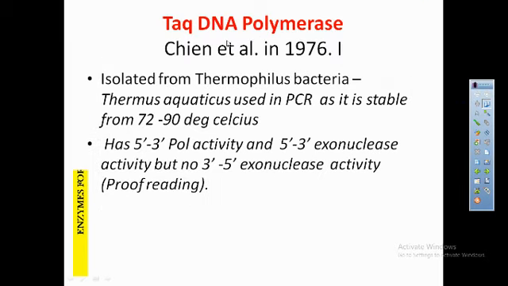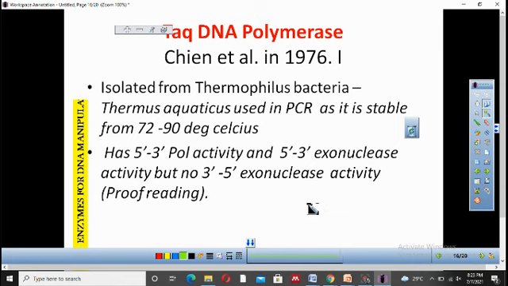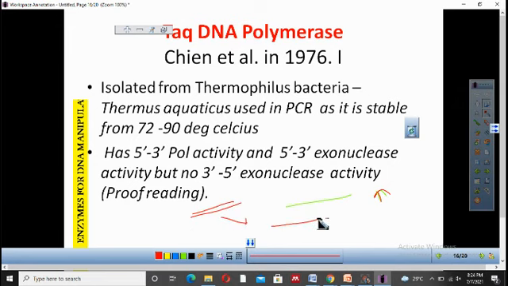Another enzyme is the Taq DNA polymerase. I told you that in PCR we have to synthesize the DNA at high temperatures. Why is the DNA synthesized at high temperature? Because in order to synthesize the DNA, the initial double-stranded DNA has to be made single stranded, since it will also act as template.